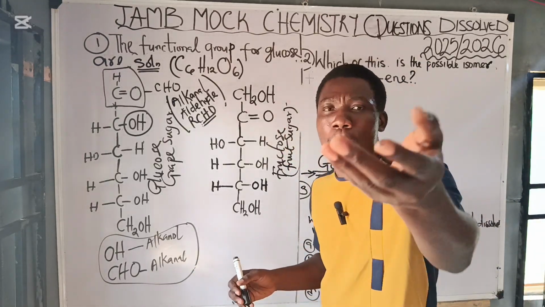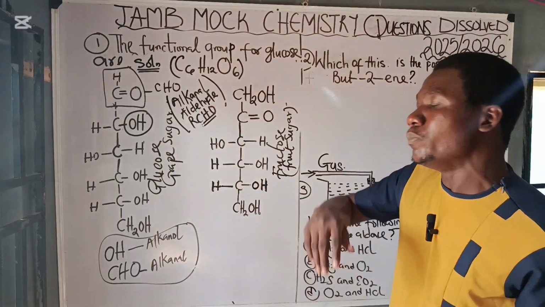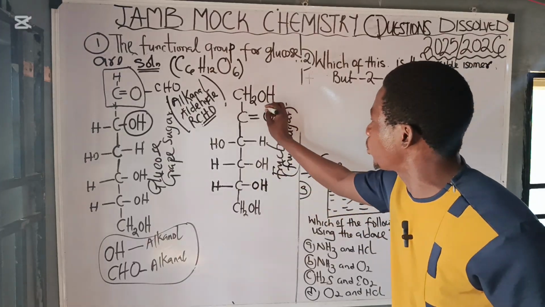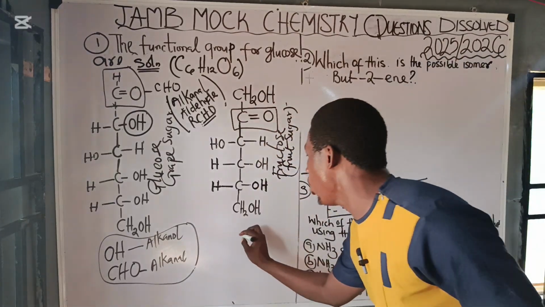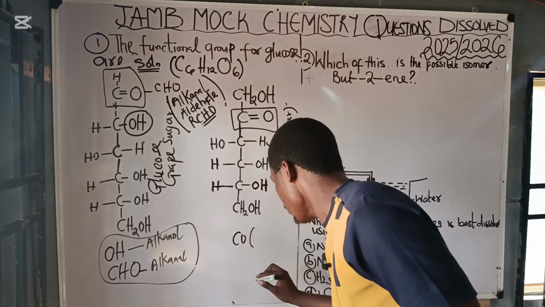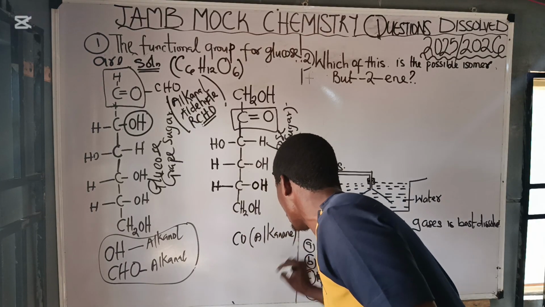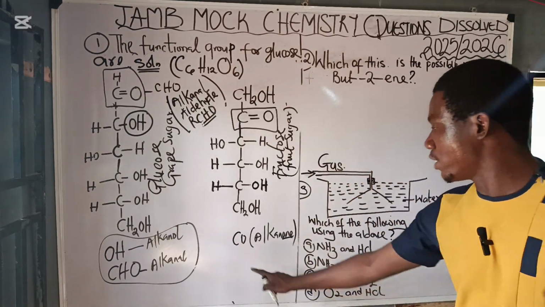Take note of that. But when we decide to compare to fructose, we discover another functional group. If you look at this, you see that this one is a functional group on its own, the CO. The CO is a functional group for the alkanone, also called ketone.